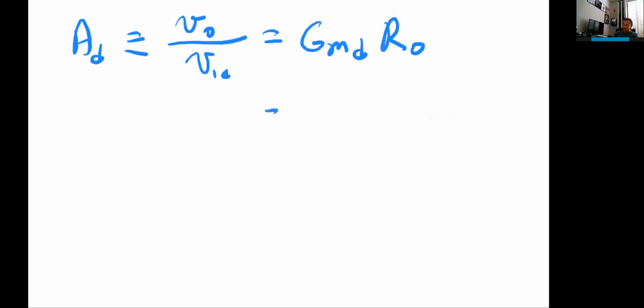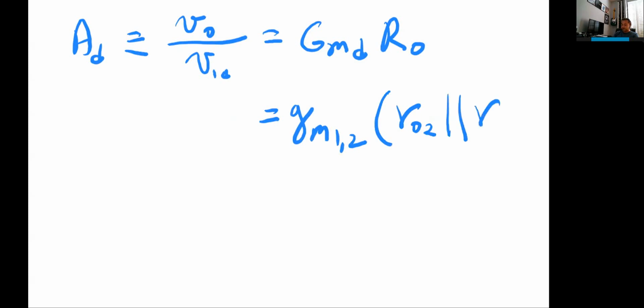And if we go back to relating those quantities to the actual transistor parameters, that's going to be the GM for the differential pair transistors times the output resistance for transistor 2 of the differential pair in parallel with the output resistance of transistor 4 for the current mirror.